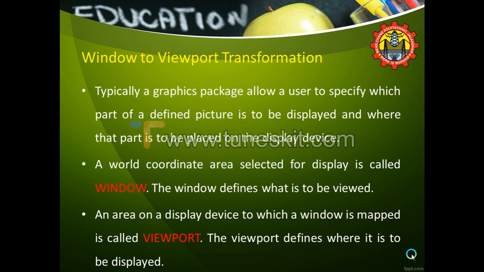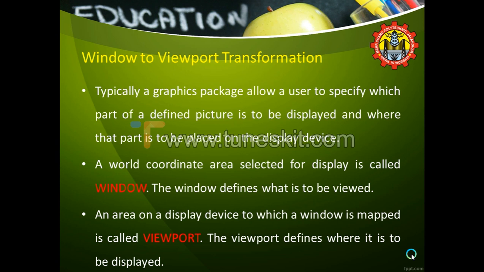Now after performing clipping, those parts of a picture which are inside the window are now displayed on your display device. That is called the viewport. An area on a display device to which a window is mapped is called a viewport.